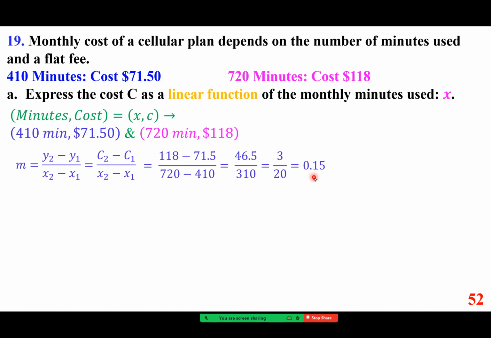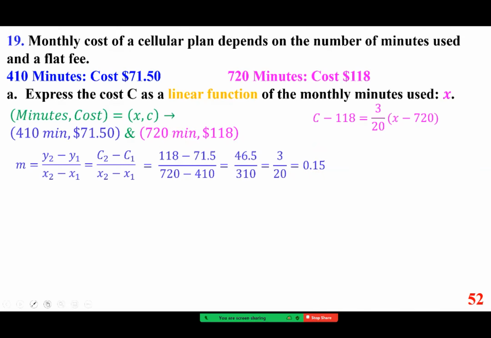Then everybody remembers y minus y1 equals m times x minus x1. So we're going to write, in this case, c minus one of those. If, for example, you use this one, c minus 118 is m or 0.15 or 3 over 20 times x minus 720.